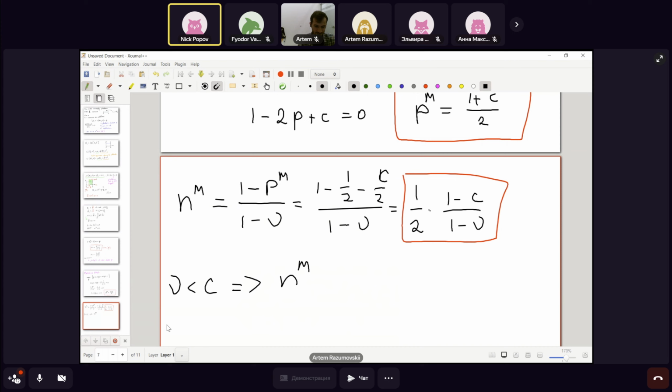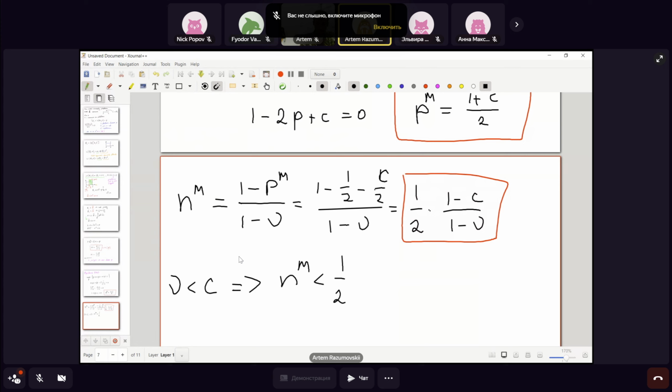Maybe is it less than 1? Yes, it's less than 1. Even worse, it's less than 1/2, right? Yes, so less than half join the market, and that's quite a result.